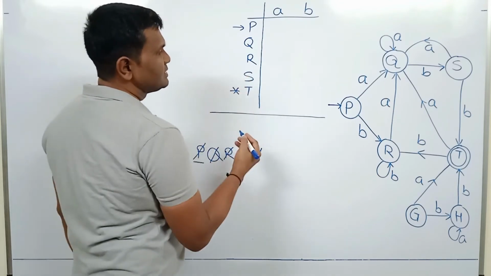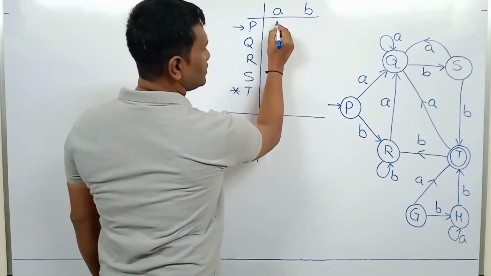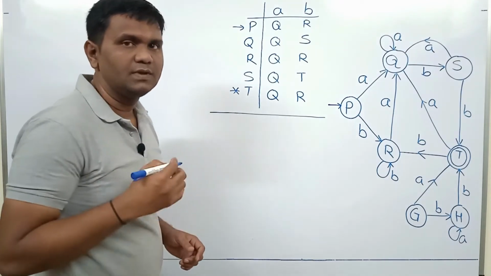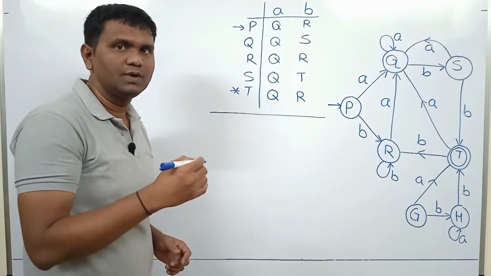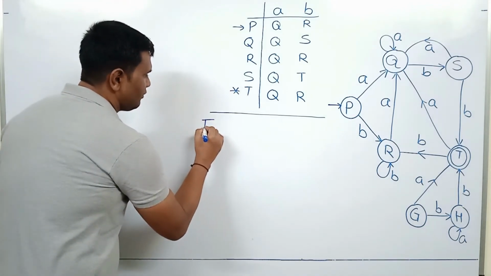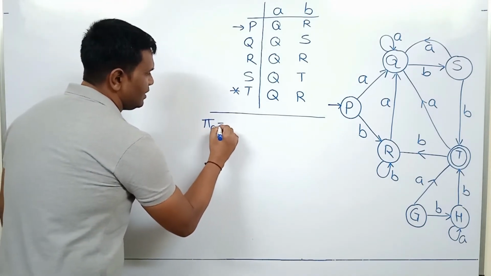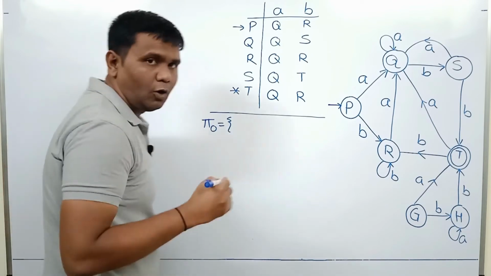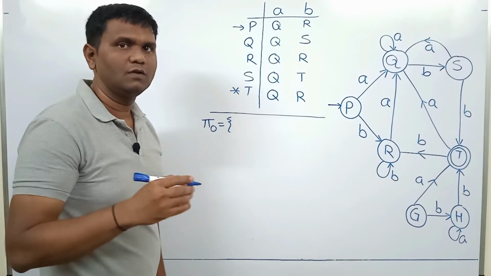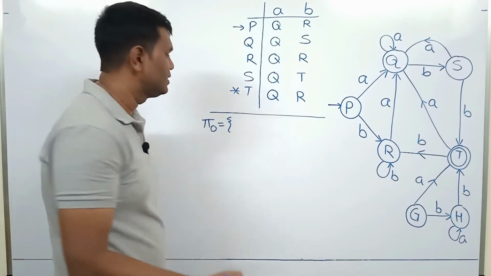Now let's complete the transition table. So now we have drawn the transition table for reachable states. Now we will start calculating 0 equivalent, 1 equivalent and so on. We will start with 0 equivalent states. Now we have studied that all non-final states are 0 equivalent. All final states are 0 equivalent.